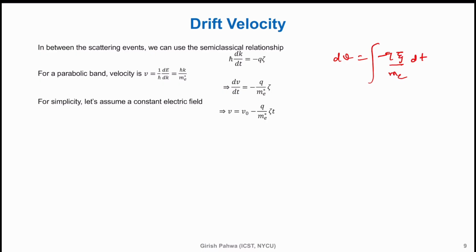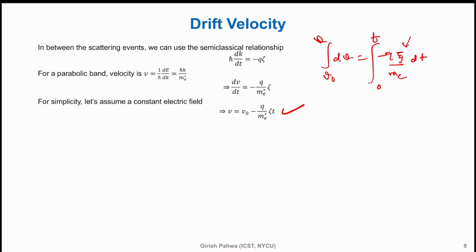You integrate, from v naught to v, and from 0 to t, you get this equation. Assuming this is constant, you can take it out of the integration. Yes, this you have seen. v is equal to u plus at. u is the initial velocity, a is the acceleration. This is kinematics, high school physics. So it's the same thing.